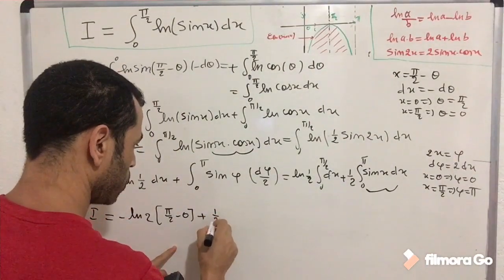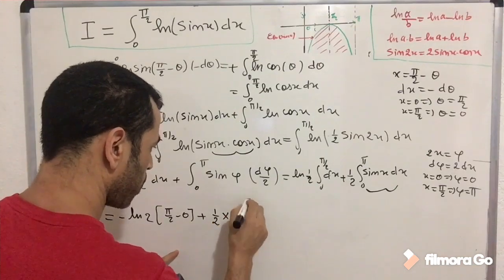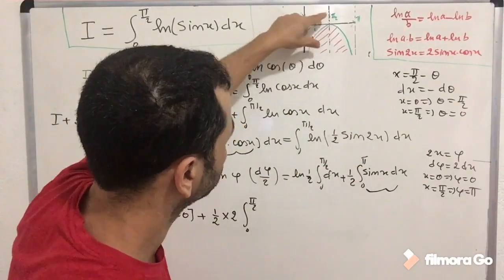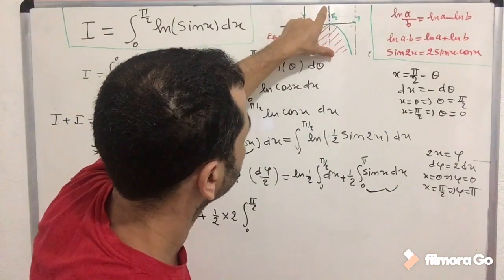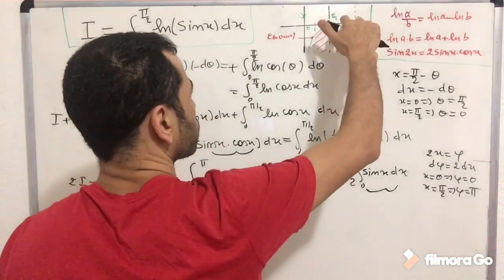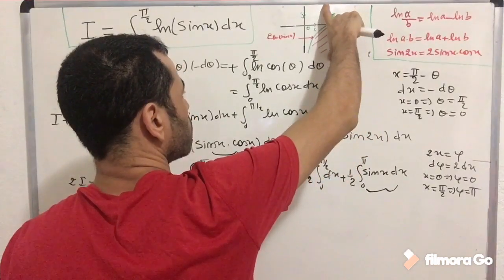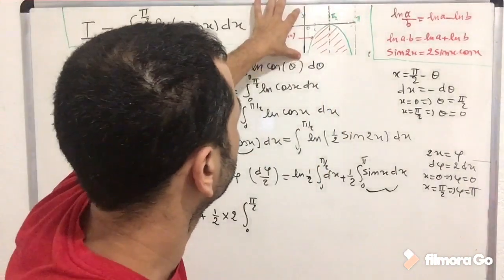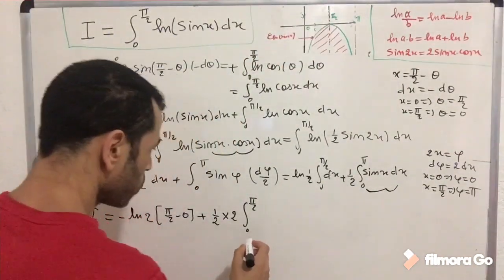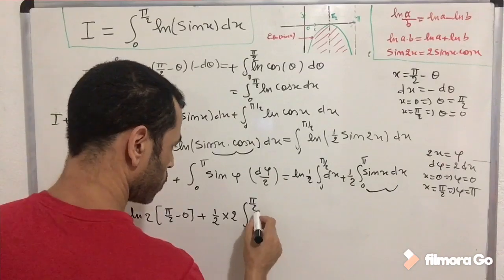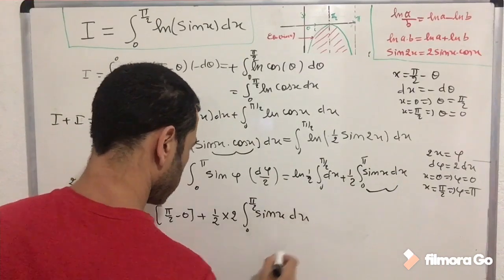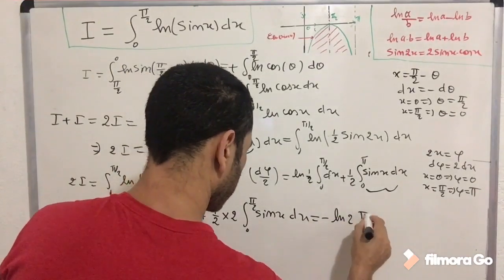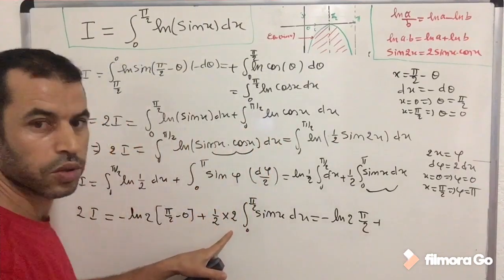Plus 1 over 2 times the integral from 0 to pi, which equals 2 times the integral from 0 to pi over 2, because it's symmetric about the pi over 2 axis, a vertical line parallel to y, of sine x dx, equals minus natural log 2 times pi over 2 plus 1 over 2 times 2 equals 1.